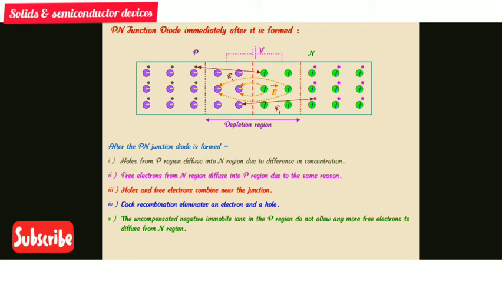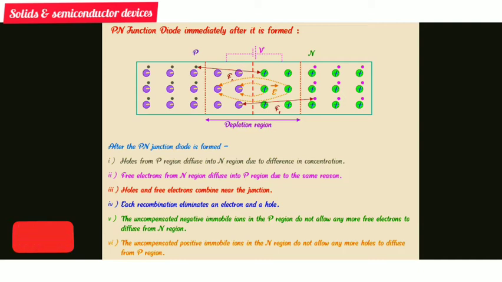Fifth, the uncompensated negative immobile ions in the p region do not allow any more free electrons to diffuse from the n region.